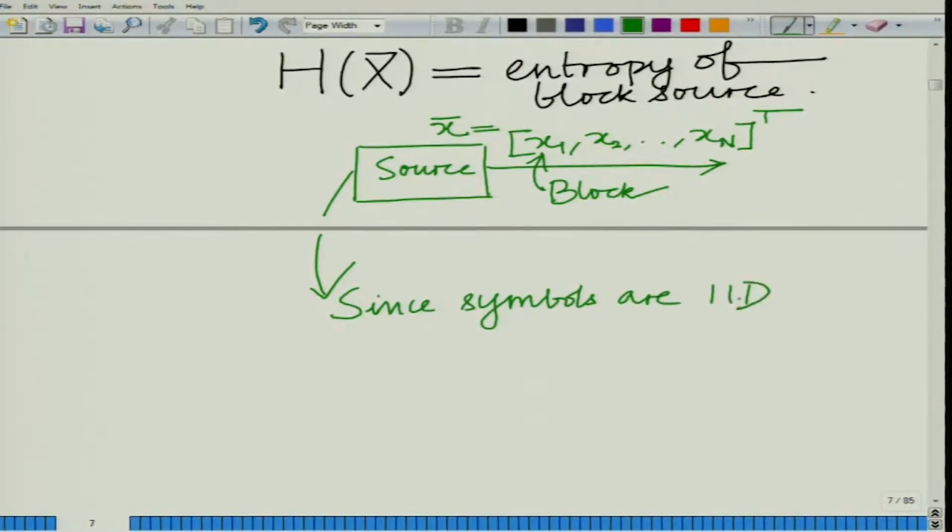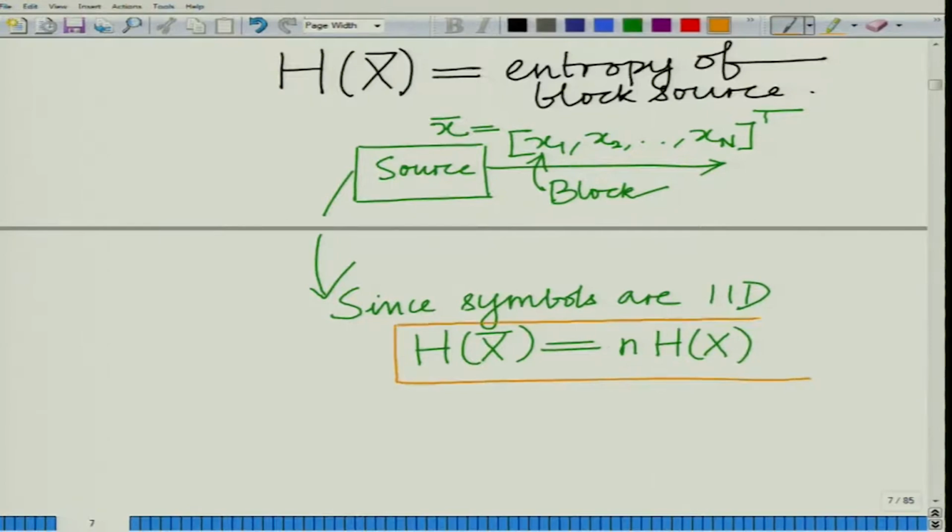Since the symbols are IID, you can easily see that H of x bar is n times H of x, and this is a very important result. That is, the entropy of this block source is n times the entropy of the original source, and the reason is very simple, because the symbols are IID.